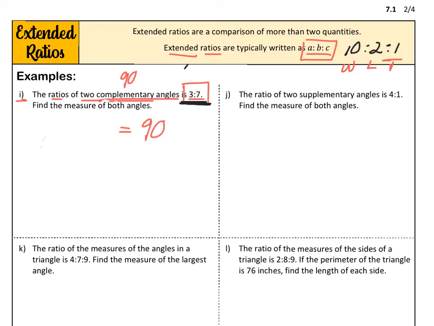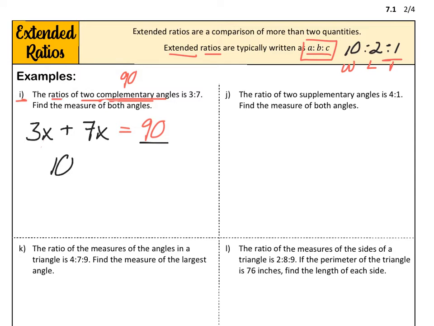So maybe my angles are 6 and 14, because that would reduce down to 3 and 7. Well, the problem is that does not equal 90 if I add those two up. So what I need to figure out is what are they multiplying by that's going to get them to 90. So it's really going to be 3x and 7x. And together, those two are going to equal 90.